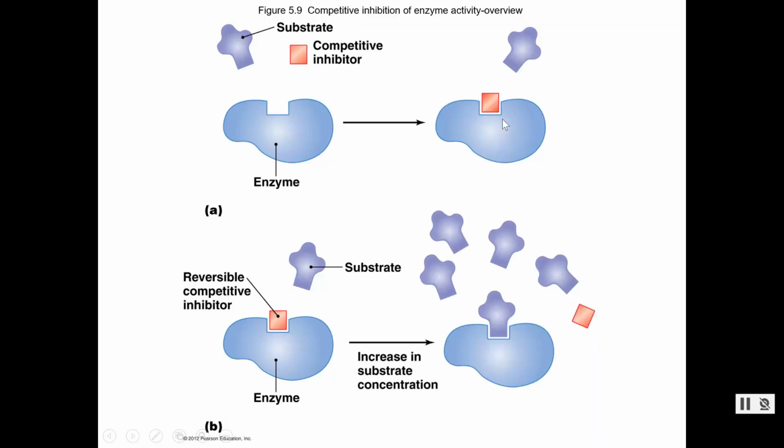So instead of binding allosterically somewhere else, it actually binds in the active site and it keeps the substrate from binding. So this is a way you can kind of turn the enzyme off and make sure it's not working. If this molecule binds instead, the substrate can't bind.